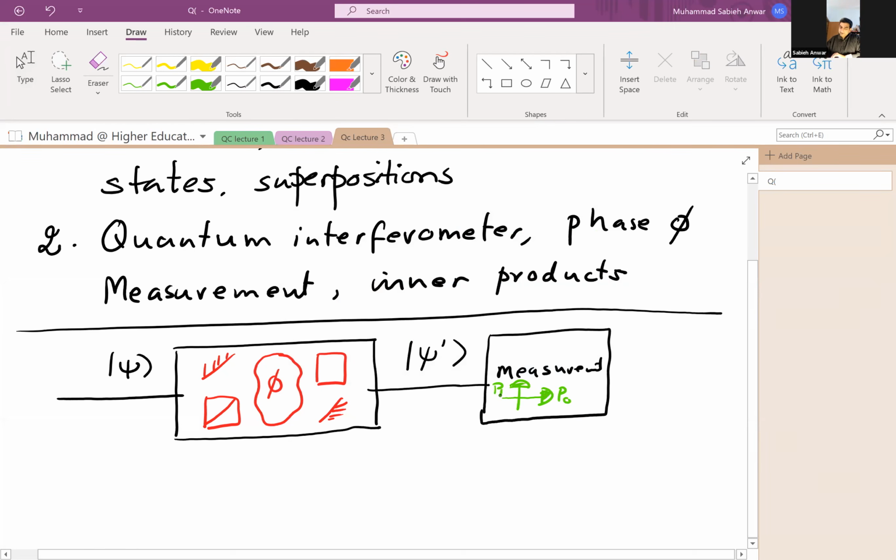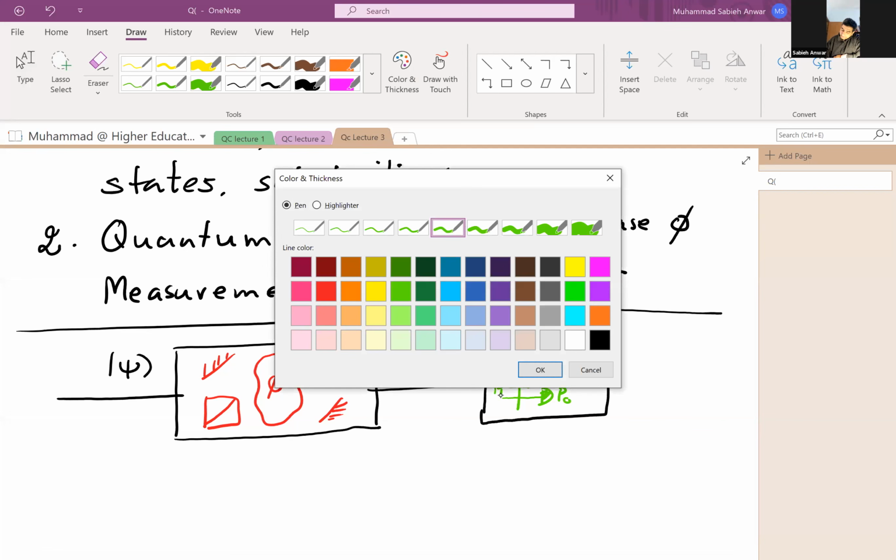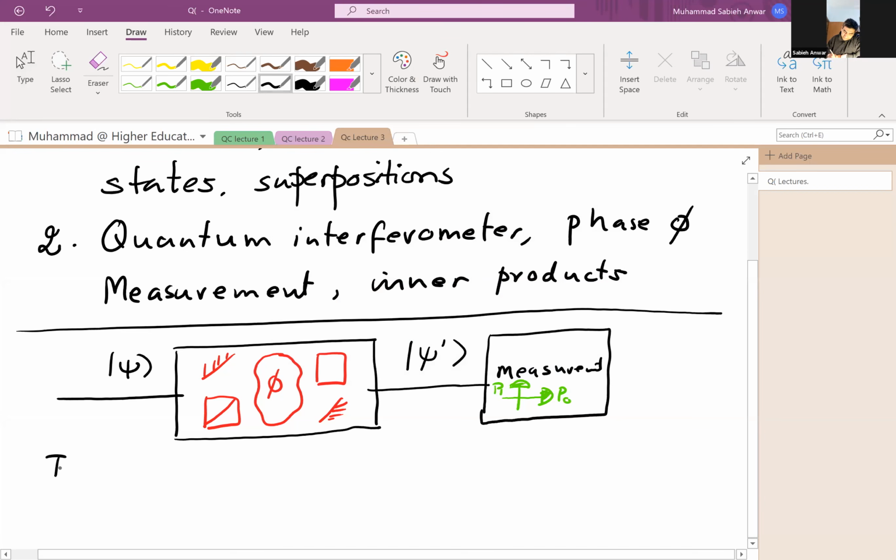So this is the general idea of a quantum computing experiment. That is, you have some initialization process. Generally, you create a superposition.